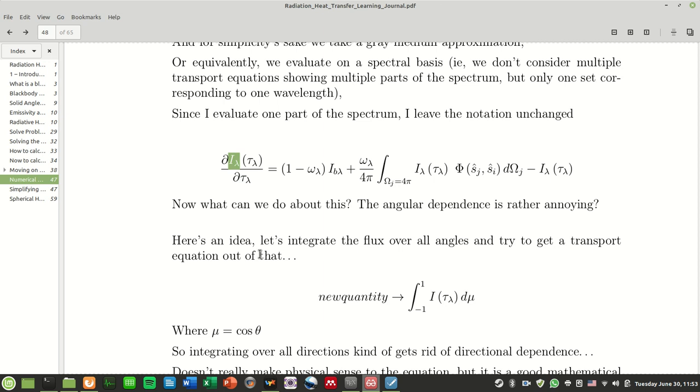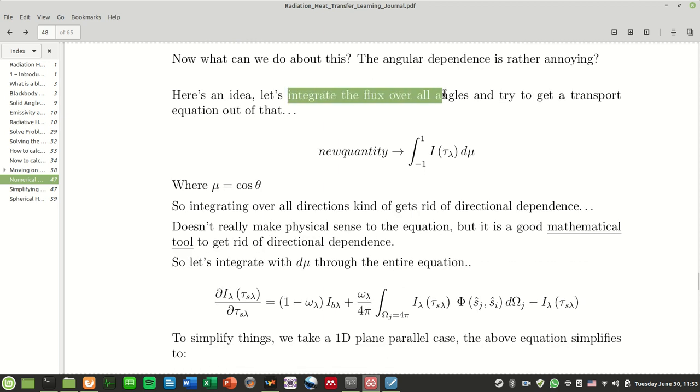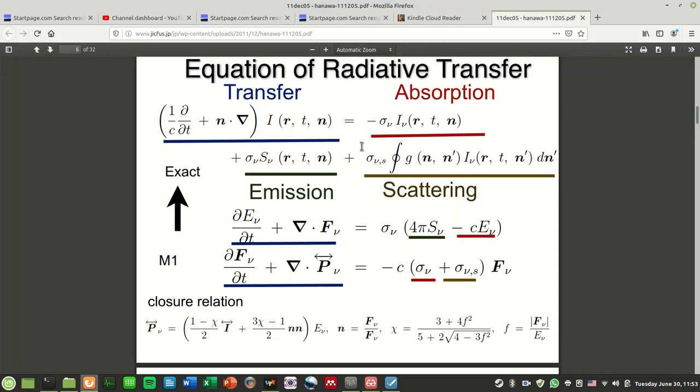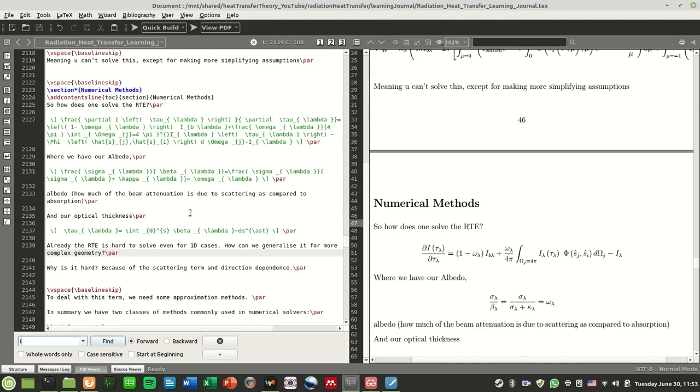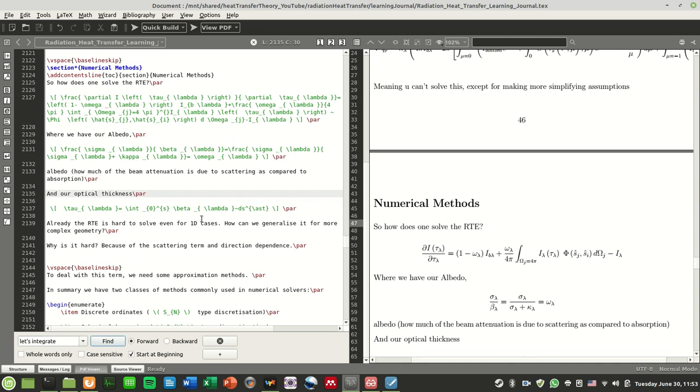Of course, we will lose some information there, so we will need to make up for it. So here's the idea. We integrate the flux, or I'd rather say intensity here. Let's integrate.